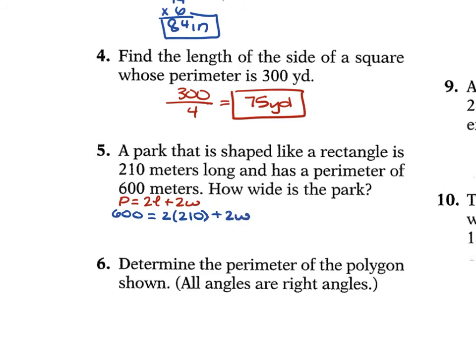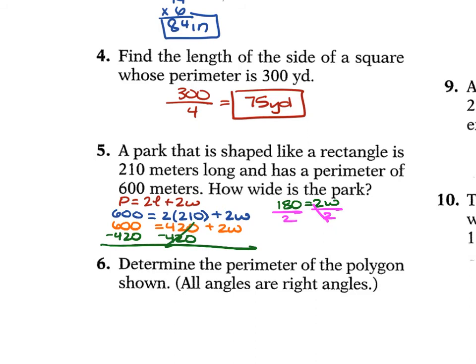So 2 times 210 is 420. Set that equal to 600. And then we have that plus 2w. We're going to subtract the 420 from each side. So we get 180 is equal to 2w. We divide each side by the 2. So w is 90 meters.